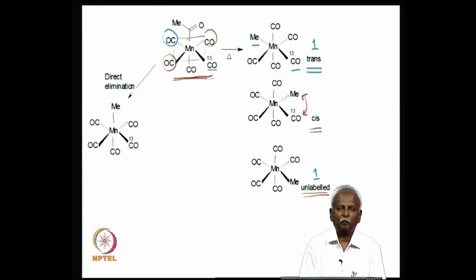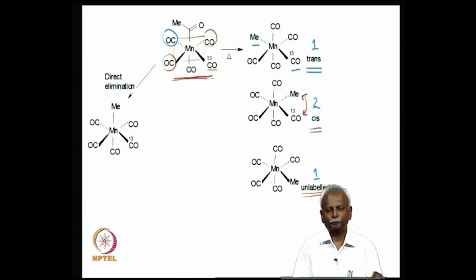Remember, the carbon monoxides which have to leave in order for the reverse reaction to take place are the ones which are cis to the acetyl group. So, the acetyl group is present here, and there are 2 cis related carbon monoxides which are also cis related to the labeled carbon monoxide. So, these 2 have twice the probability of leaving the molecule, and so you will end up with 2 equivalents of the cis product with respect to the trans product and with respect to the unlabeled product.